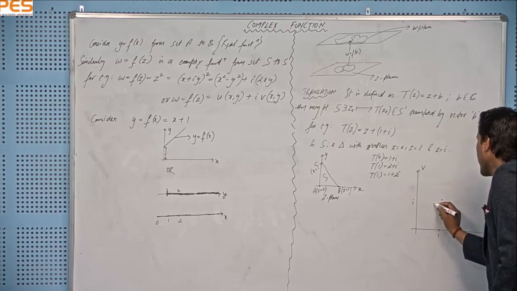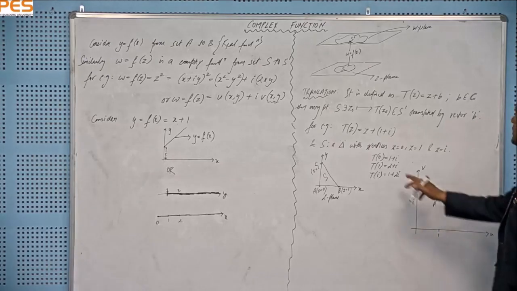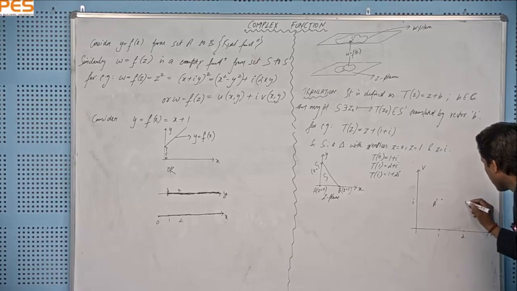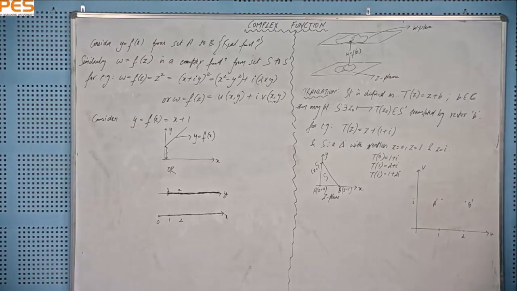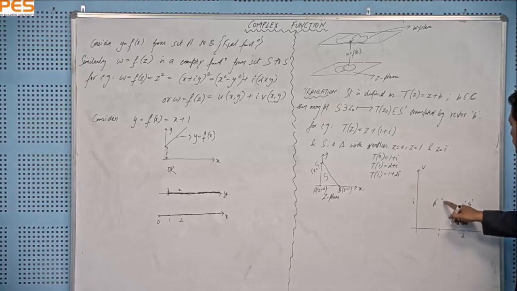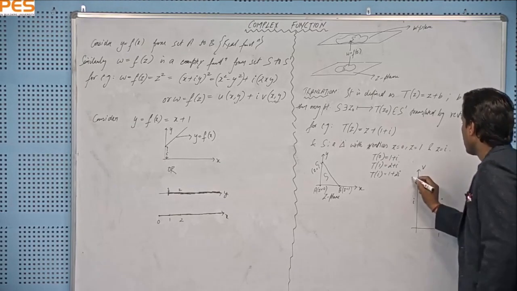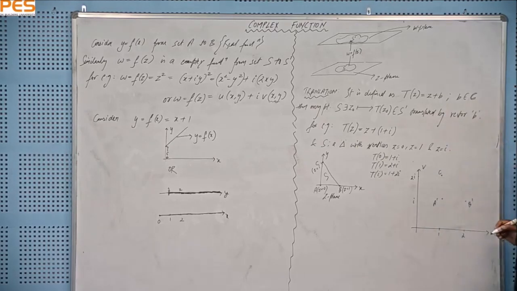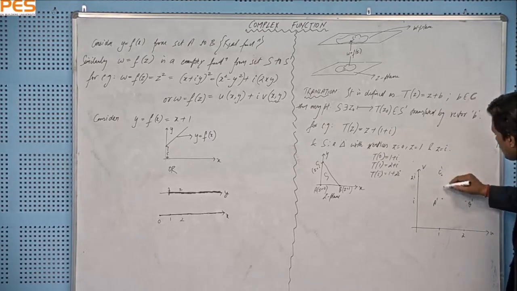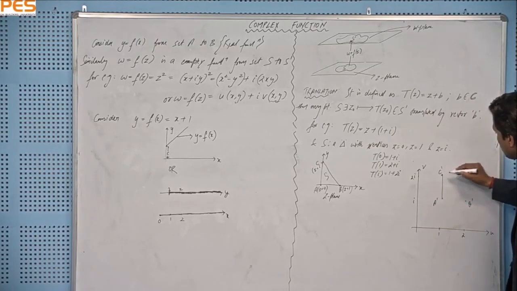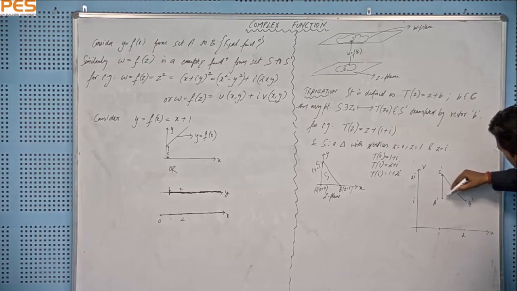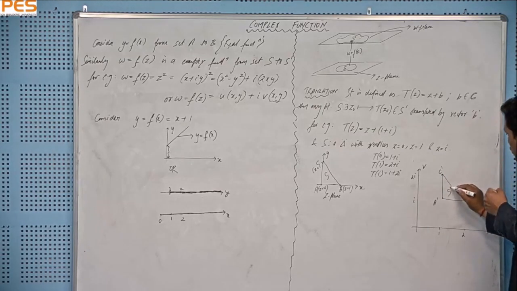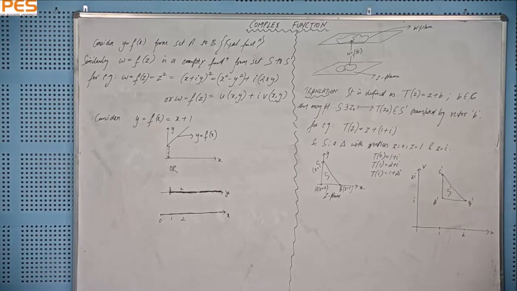So this is your A dash. Similarly, 2 plus iota, that point will be here, B dash, and then 1 plus 2 iota, here. This is your point C dash, and then you join them. So this is your image S dash.